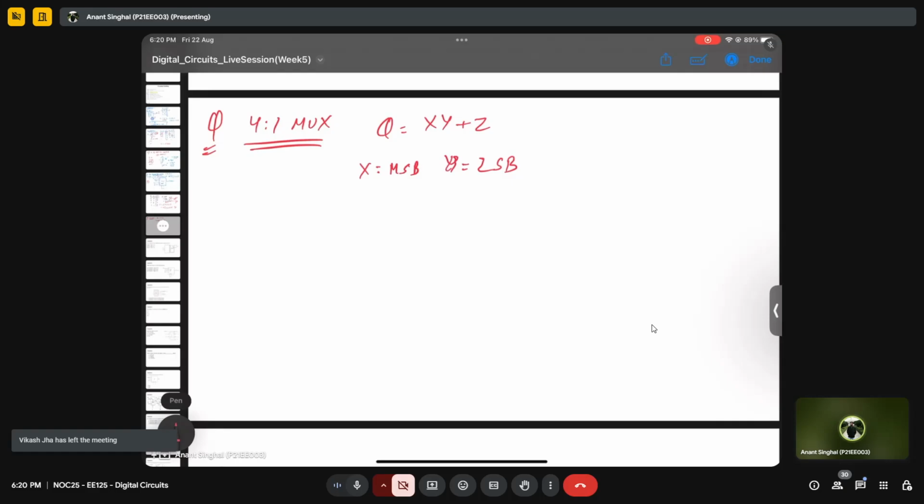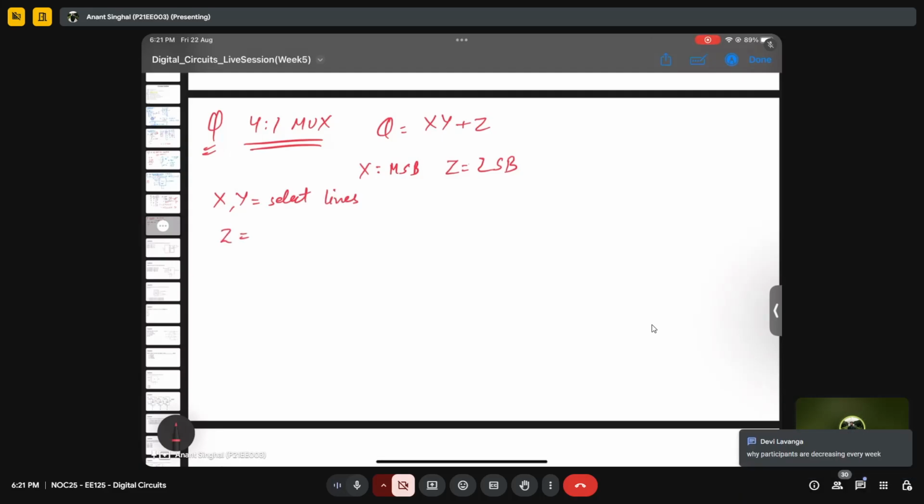Let's say we have chosen x and y as select lines and z as the input variable. So you need to find what will be the value of all the 4 inputs.